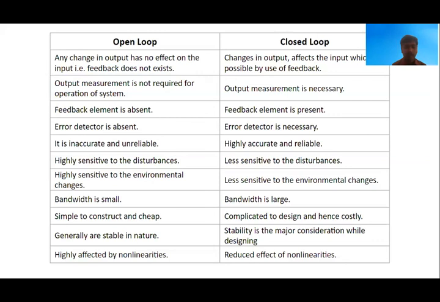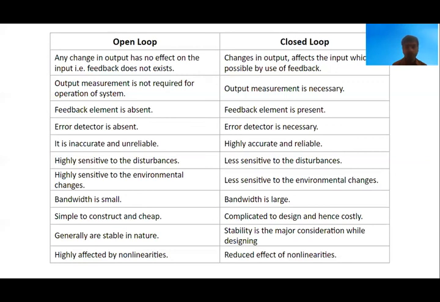In the open loop system, it is very simple to construct the system and it is very cheap. In the closed loop control system, the design is very complicated, hence the cost is also high. In the open loop control system, generally the output is stable because there is no correction. By taking the feedback, it always produces a stable output.